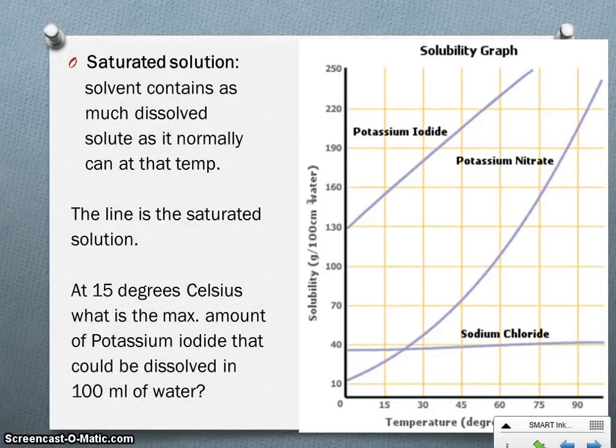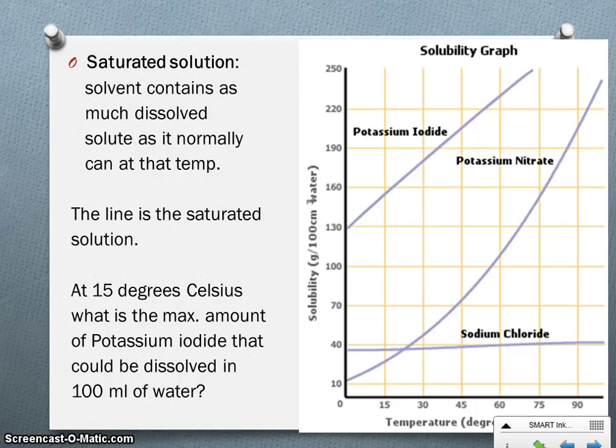So a saturated solution really just means that the solvent contains as much solute as it can possibly hold. So we talked about our Kool-Aid example, and that you can try to make your Kool-Aid as sweet as possible, but that water can only hold so much sugar, and pretty soon it's going to stop dissolving because it's what we say full.